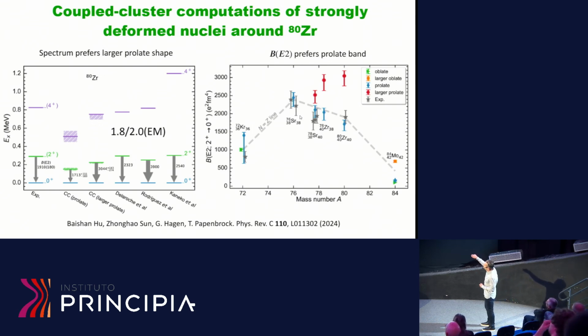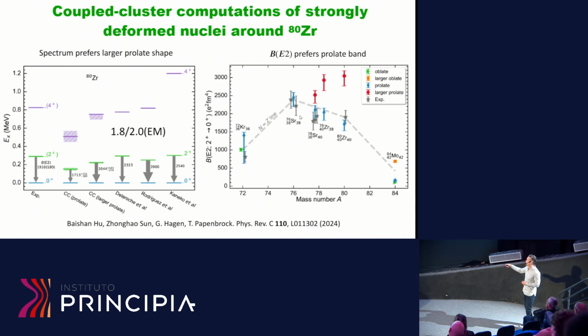This is the spectra that we obtain. Right, so we see now that indeed we don't get this rotational stretching of the higher spin states, as I introduced in the second slide. Right, so we have too compressed spectra compared to the data.